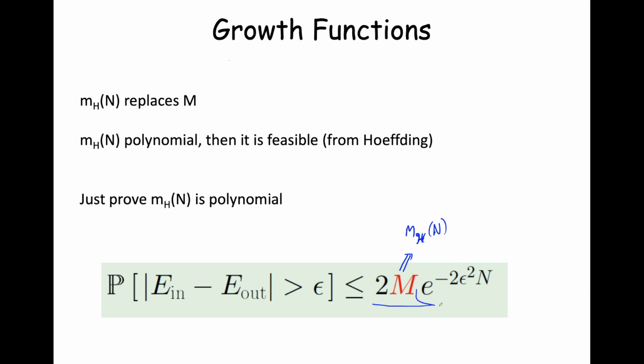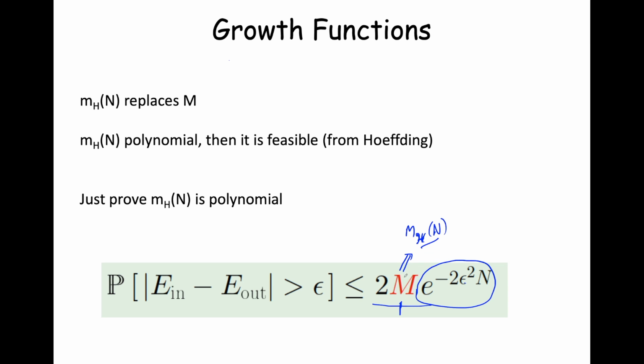We have this dampening factor, this negative exponential, and we said if we strike the right balance between n and our error tolerance epsilon, we can make it small, but nixing us was this very large M. If M is not quite as big as this negative exponential, for example, if M is polynomial, then this negative exponential will decay faster than the polynomial can increase.